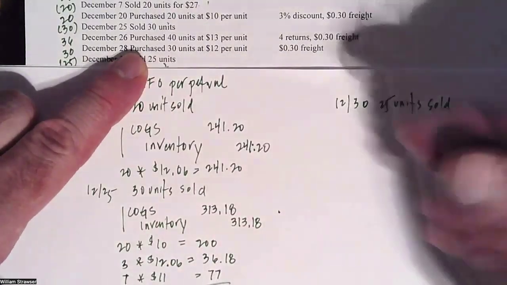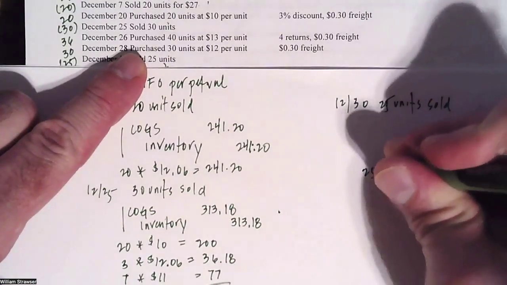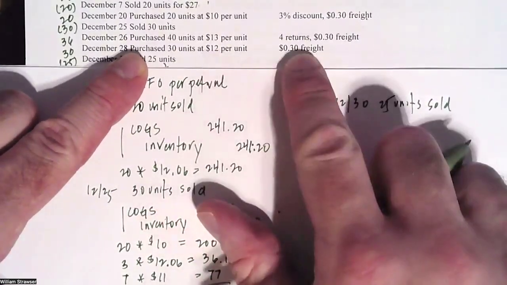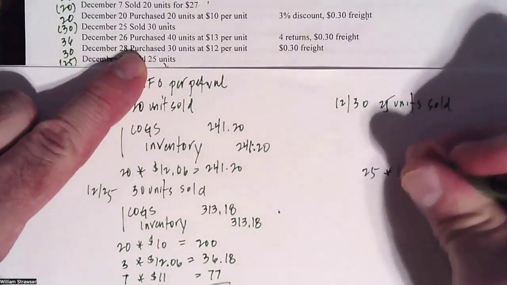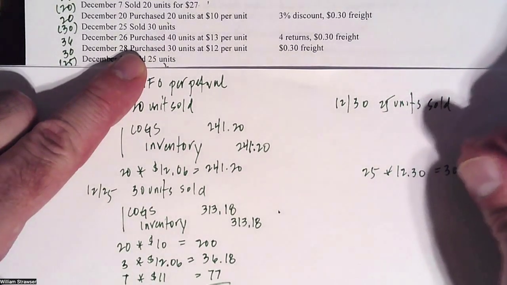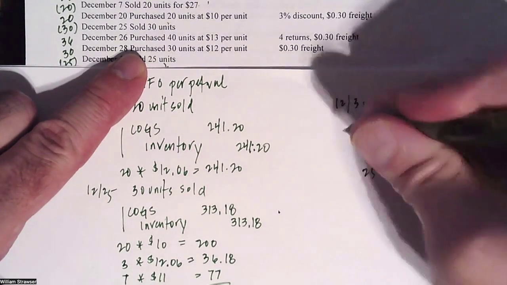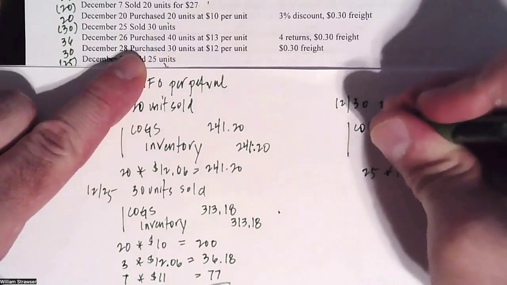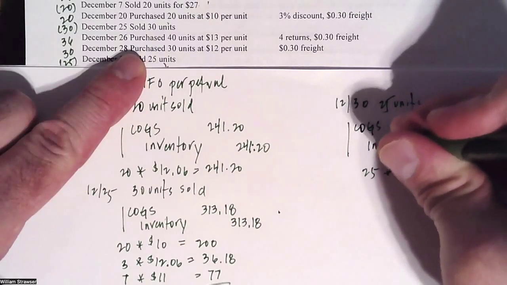This layer, they were 12.30 each. The price point was just the gross price plus freight. And that's $307.50. So that's my COGS, inventory.